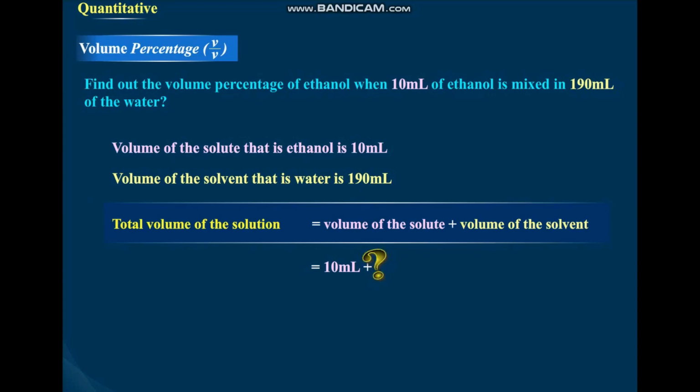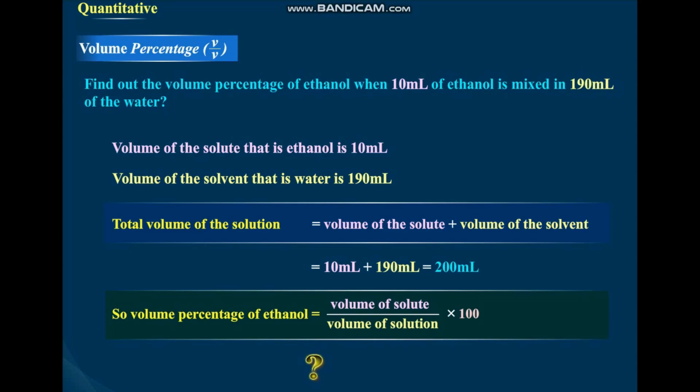Volume of the solute is 10, and the volume of the solvent is 190 ml, which gives 200 ml. So the volume percentage of ethanol is volume of the solute, which is 10 ml, divided by volume of the solution into 100. It is 10 divided by 200 into 100. It is 5%.